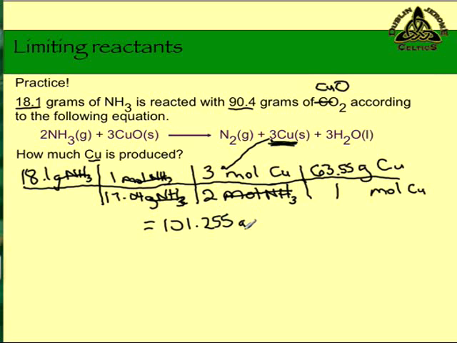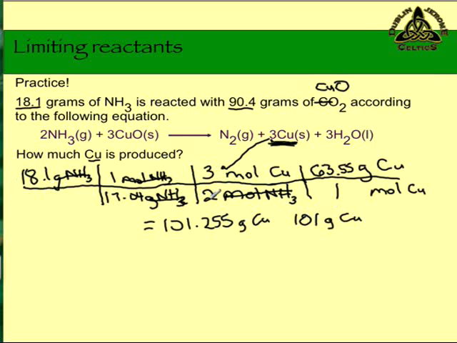101.255 grams of Cu. When we round using significant figures, our starting number only had 3 significant figures, so our final number has to have 3 significant figures: 101 grams of Cu. Now some of you might be wondering why I didn't take into account the 1 significant digit from the mole ratio.